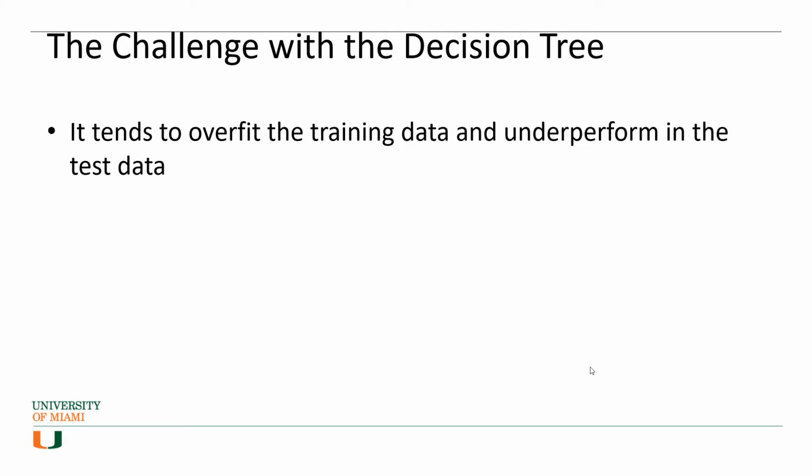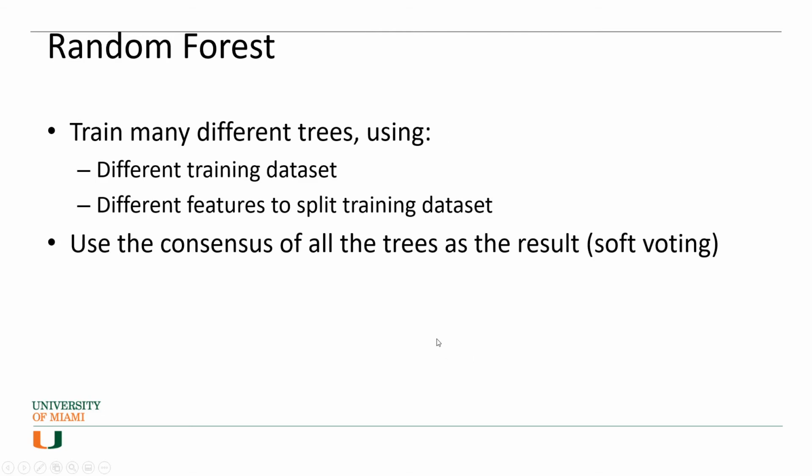So random forest is an approach to address this challenge, and it achieves this by two strategies. The very first one is to train based on different data sets, and the second one is to train based on different features.